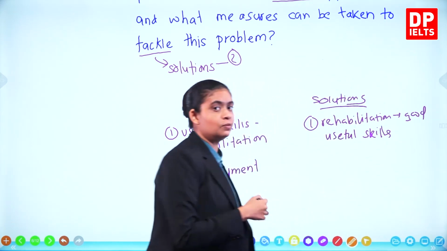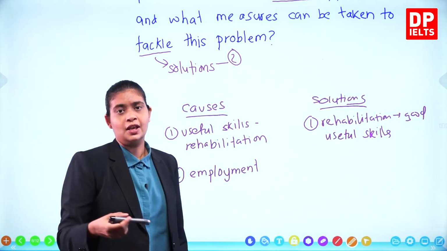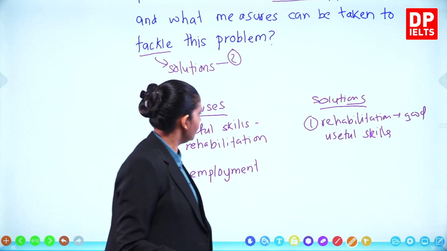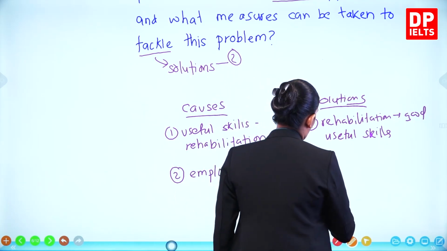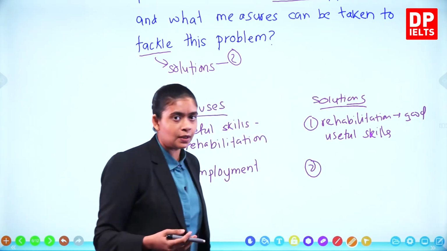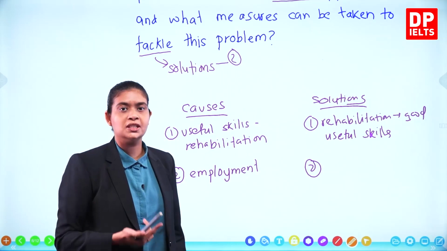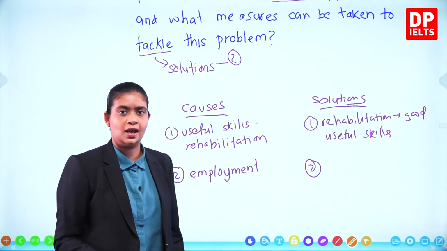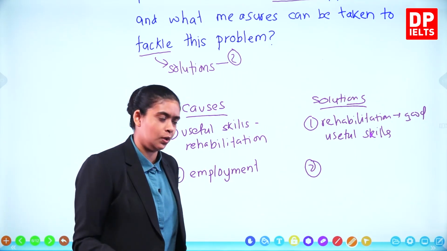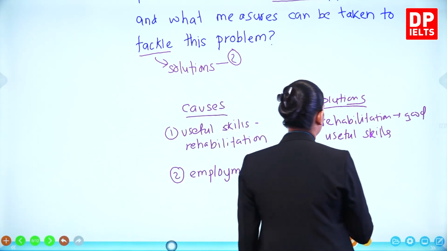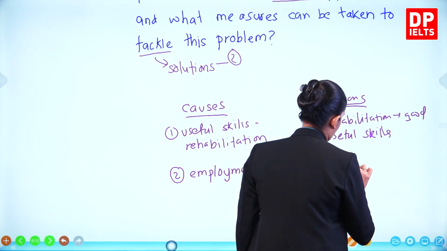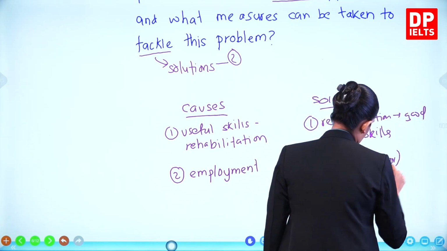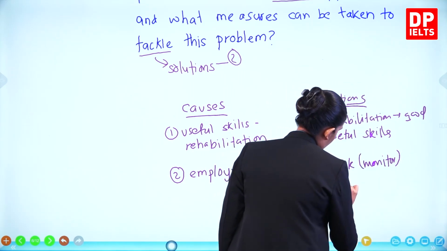You teach them some good skills, good practices that they could use when they're back in the society. The other one is to have a system where they could track and monitor how they set up or how they get back into society and how they could find employment, okay? So maybe track, or we could say monitor employment opportunities.